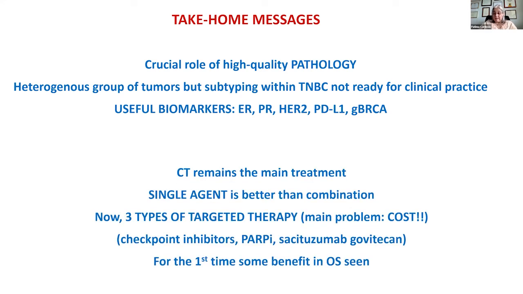Chemotherapy is still the main treatment for triple negative, single agent better than combination, and now these three types of targeted therapy: immunotherapy with checkpoint inhibitors, PARP inhibitors, and this antibody drug conjugate called sacituzumab. So we have seen for the first time some benefit in overall survival, particularly with immunotherapy and sacituzumab.